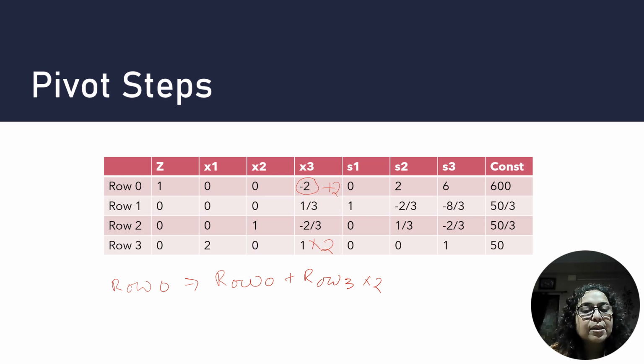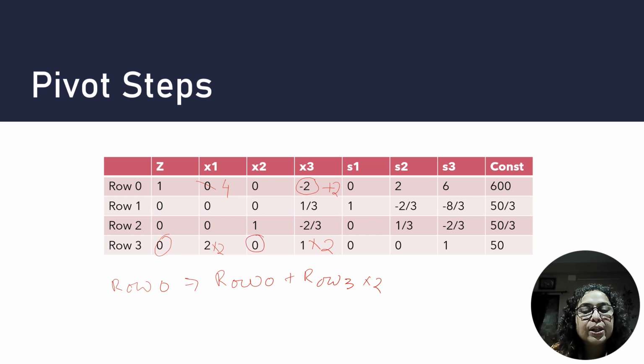So in this case, this is 0, there is no change. This is row 3, right? So if I multiply this with 2, this becomes 4. And I add this 4 to here, and this becomes 4.